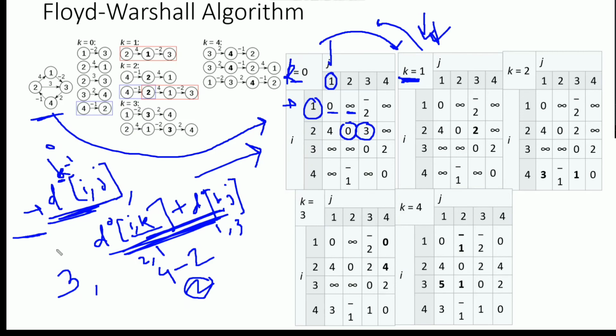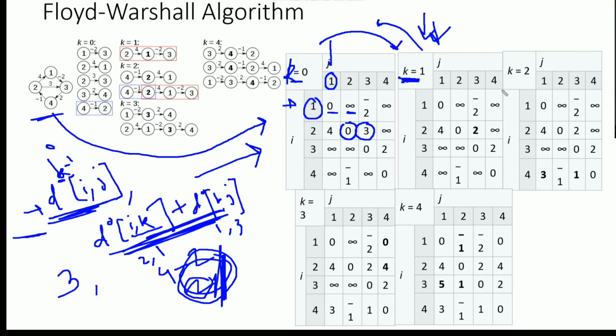If we compare the value of the edge connecting vertices 2 and 3 directly with the path using 1 as the intermediate vertex, we find that the path using the intermediate vertex has the shortest weight. So we'll fill 2 comma 3 with the shortest distance. The value of 2 comma 3 is 2.